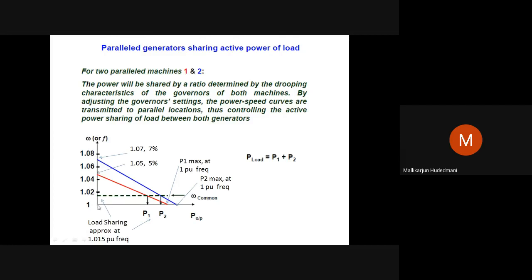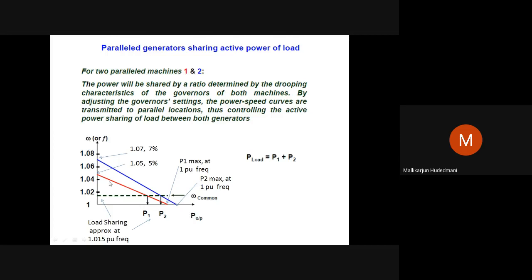So now at unit speed regulation at 1 pu, these two generators have curves represented by blue and red color. Machine 1 is red, machine 2 is blue. From this curve, as I mentioned in the first example, you can understand what are the minimum and maximum outputs.